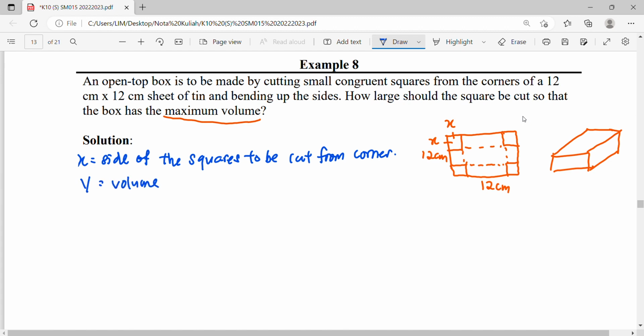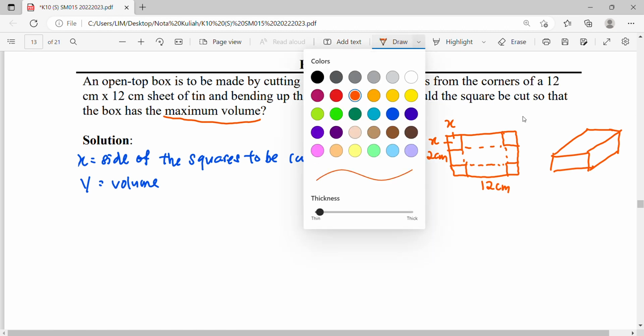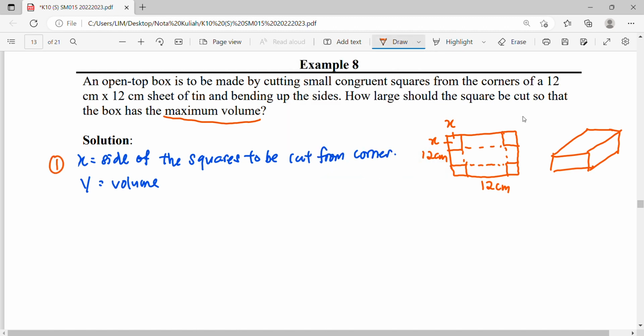So your first step is to identify all the quantities. This is constant, 12, length and width; variable, your square; and the quantity you want to maximize here is volume.